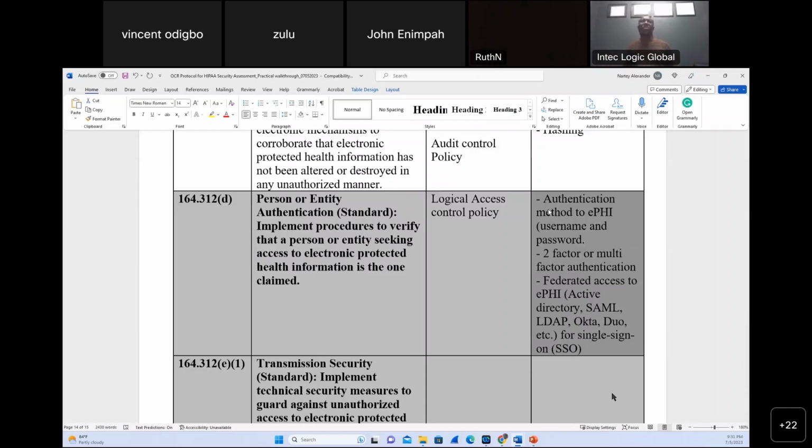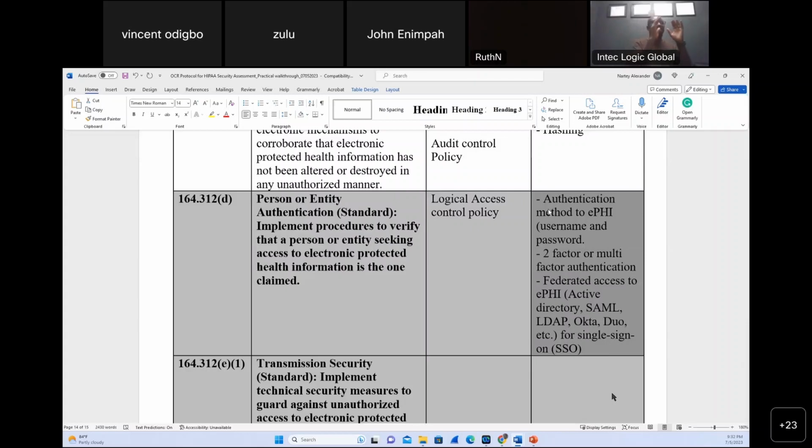Single sign-on. So companies create so many, sometimes there are so many applications that people are using in an organization. But it becomes very difficult for people to track passwords. So if you don't have a federated access, right?